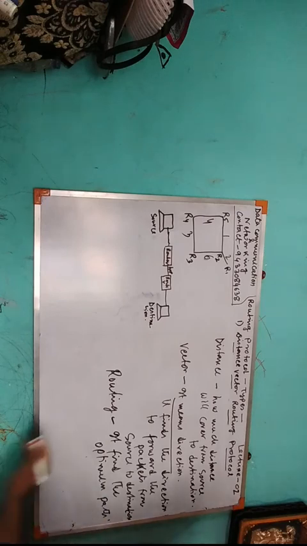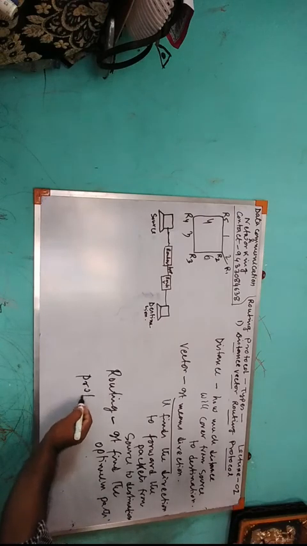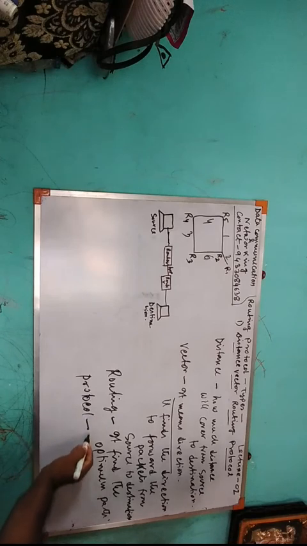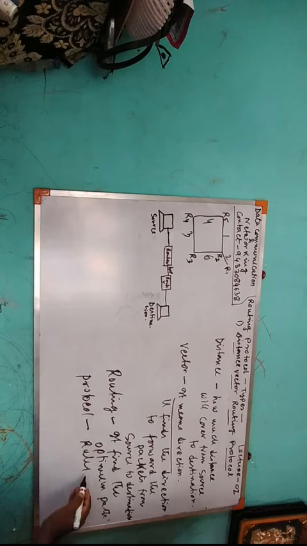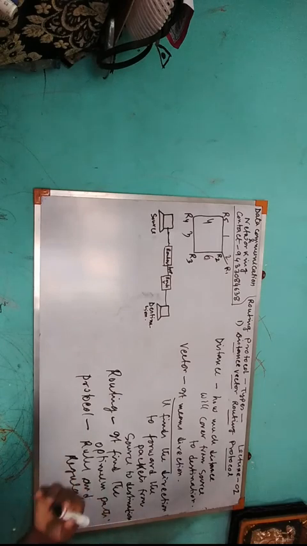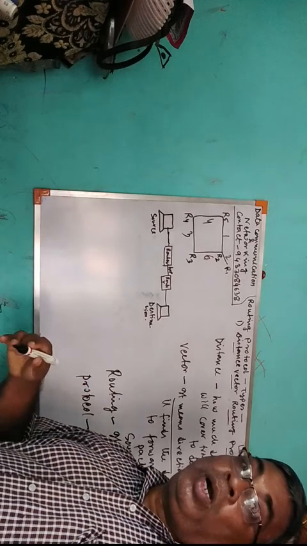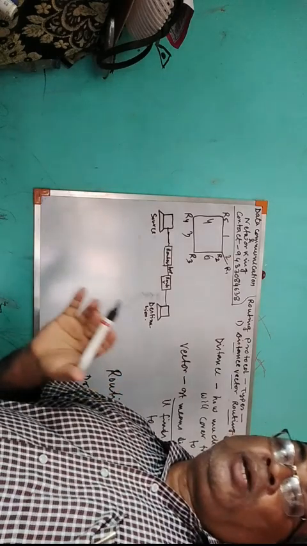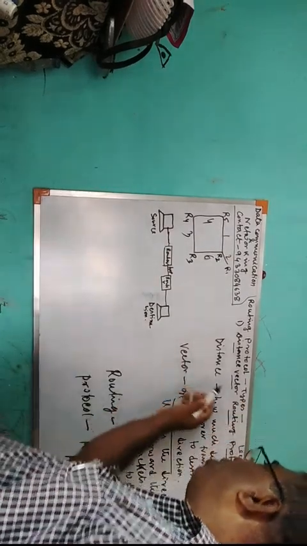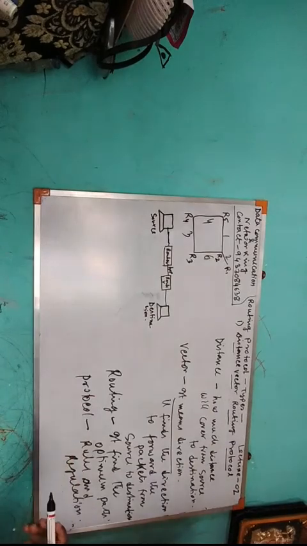And protocol means rules and regulation. That is, the packet which is forwarded from source to destination will maintain some rules and regulation. So these are the meanings of the four words of distance vector routing protocol.